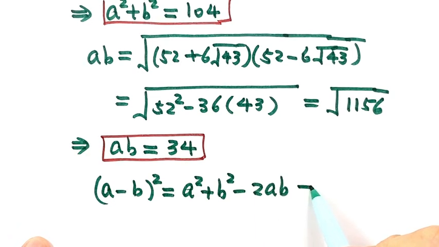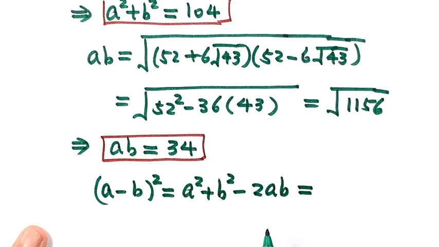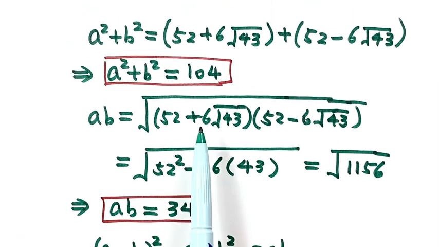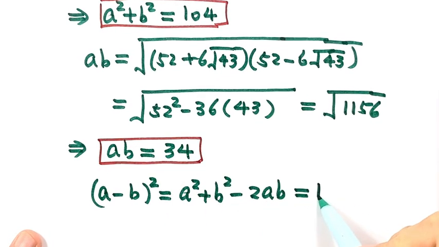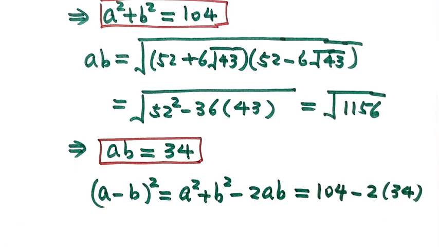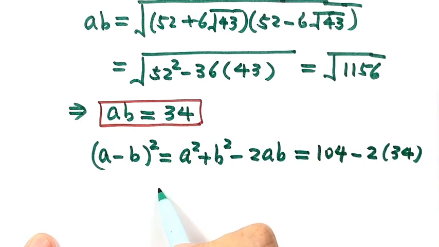What's a squared plus b squared? Here, 104. Then ab here, 34. So that's why this one is just 104 minus 2 times 34. Then simplify here. So this one is just 36.